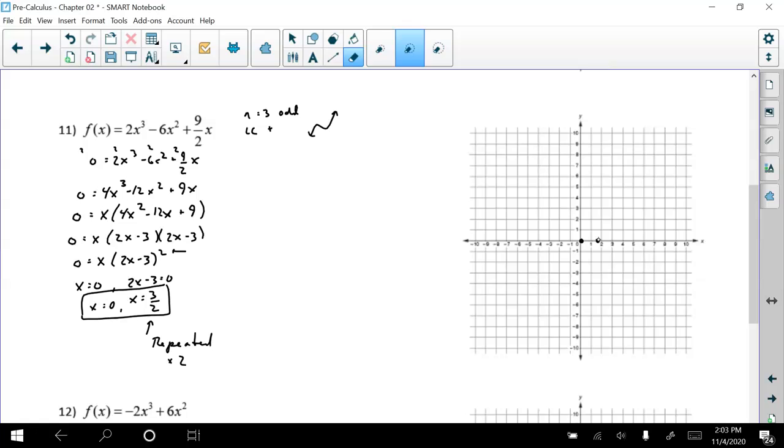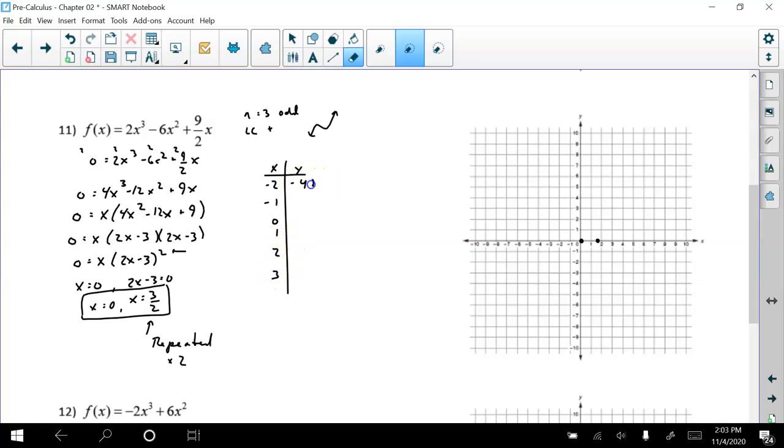Now what's going to happen is it's going to go through 0, but it's only going to bounce at the 3/2. So once again, we'll graph this. We have -2, -1, 0, 1, 2, 3.